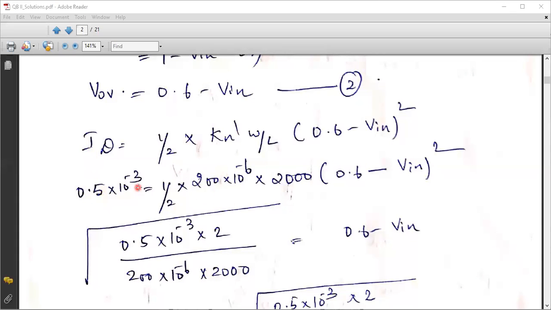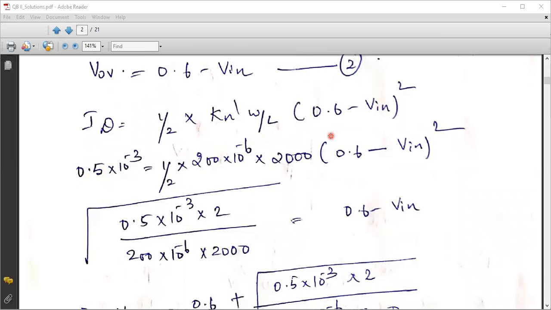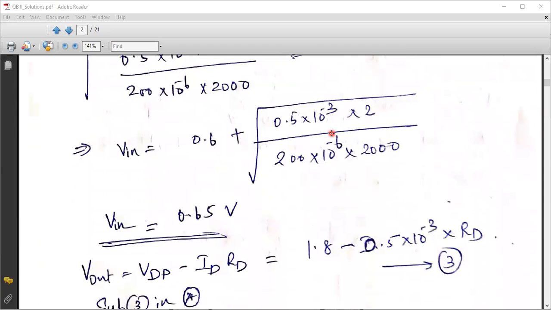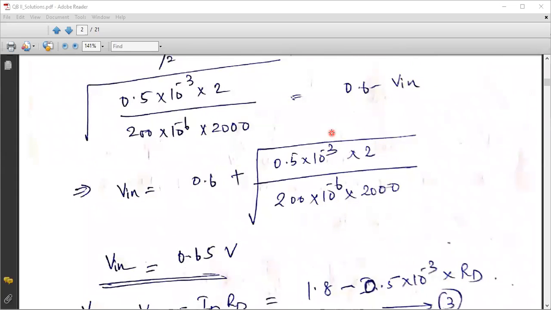So ID is 0.5 into 10 to the power minus 3. Kn dash is 200 into 10 to the power minus 6. Good, Santosh. Good, Soumya. Yes, Nivedita. I got 0.65. Is it 0.55 or 0.65?